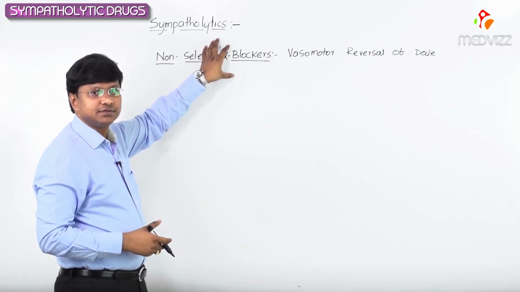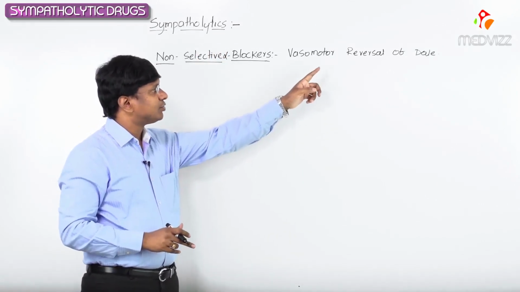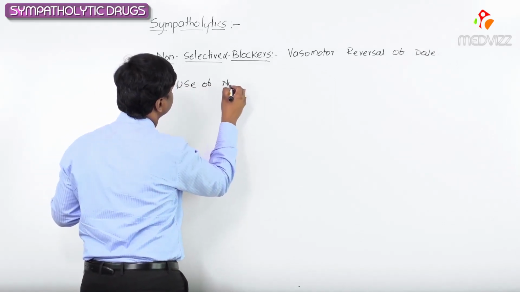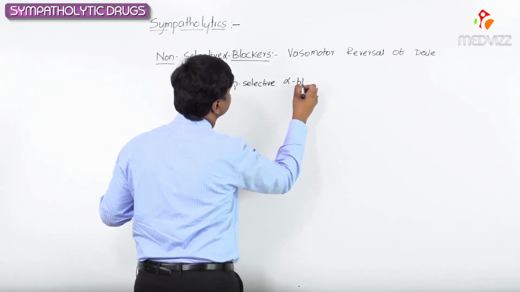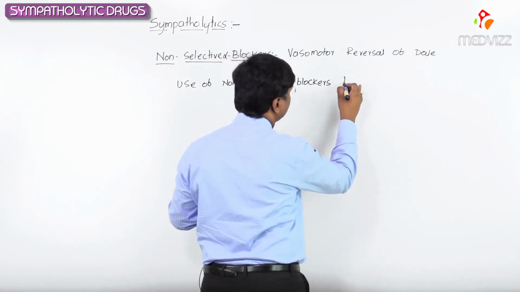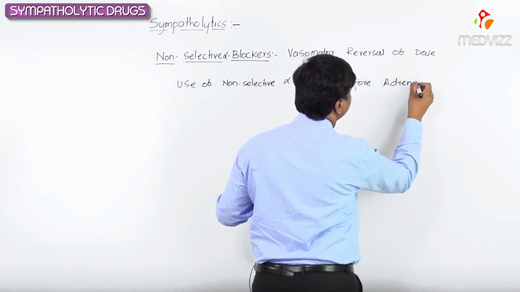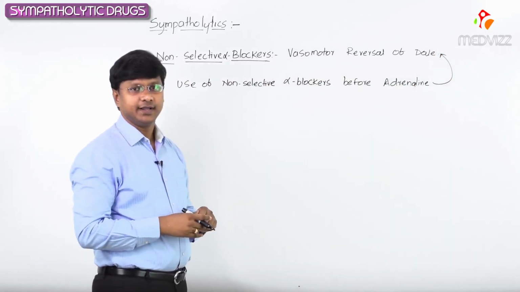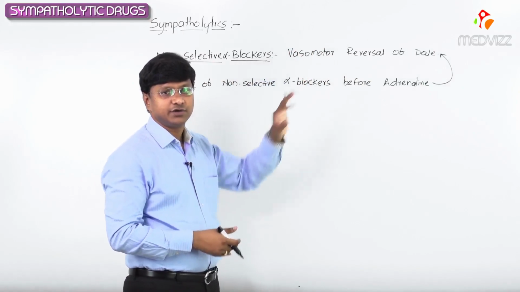Whenever you use non-selective alpha blockers before adrenaline, that will result in the vasomotor reversal of Dale. Now, let me explain what we mean by this vasomotor reversal of Dale.